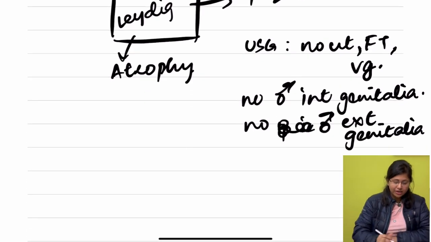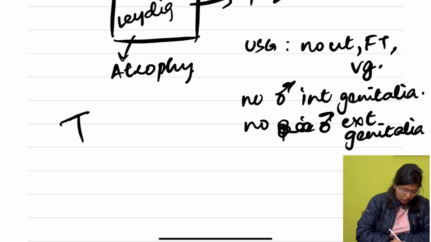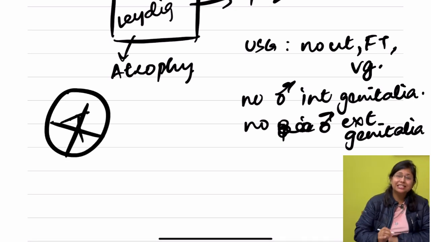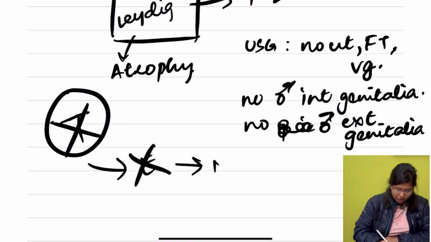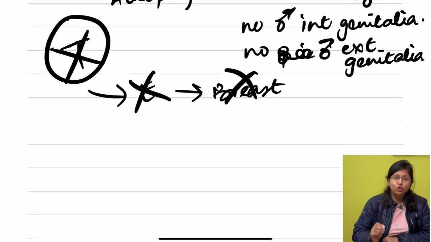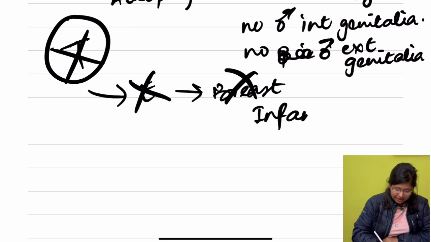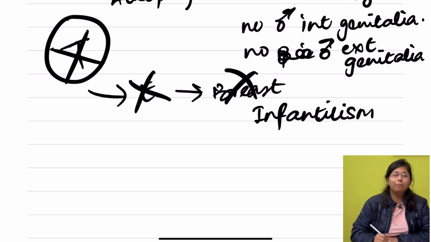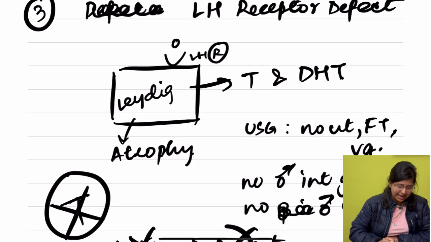But what is happening over here is the testosterone is not at all present. Because this testosterone is not present, there is no estrogen and therefore there is no breast development. So at puberty, they will present with not just amenorrhea and these features, they will also present with sexual infantilism, which means there will be no breast development. So this is LH receptor defect.